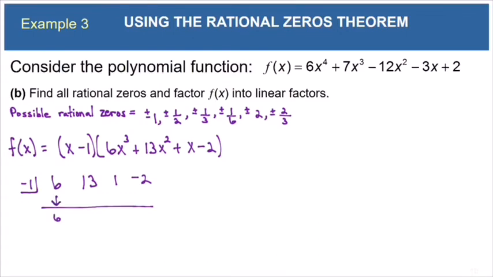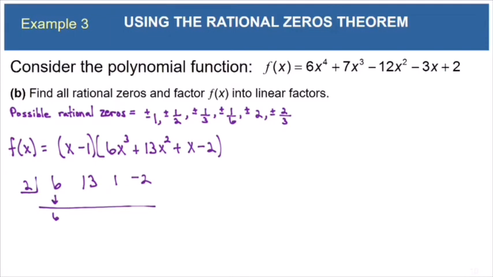So we'll pull down the 6, and then we'll multiply, add, multiply, add, multiply, add. And you can see that f of negative 1 is equal to 4. That means negative 1 is not a 0, so we'll just discard this negative 1. And now let's try it with positive 2 in the box.